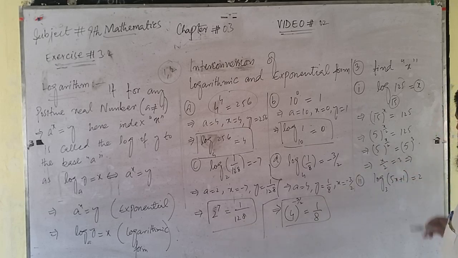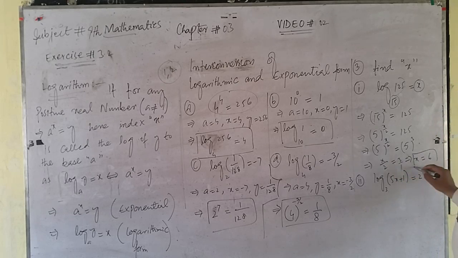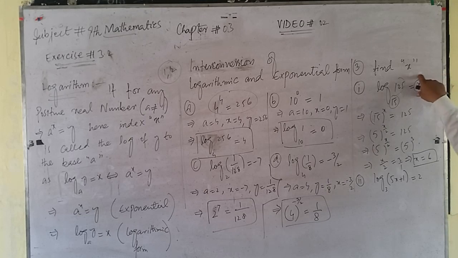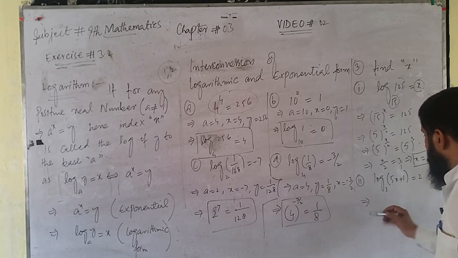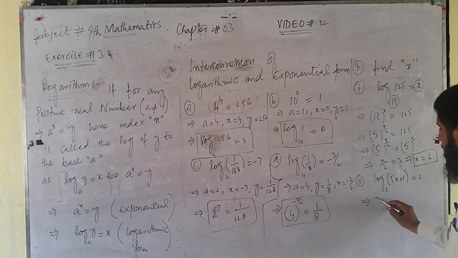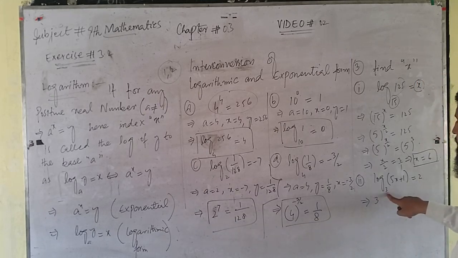Cross multiplying, x will be equal to 2 times 3, which is 6. So the value of the unknown is 6.